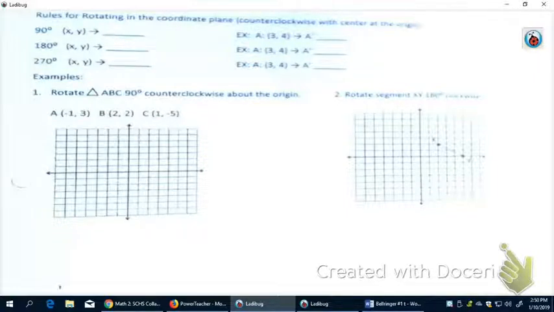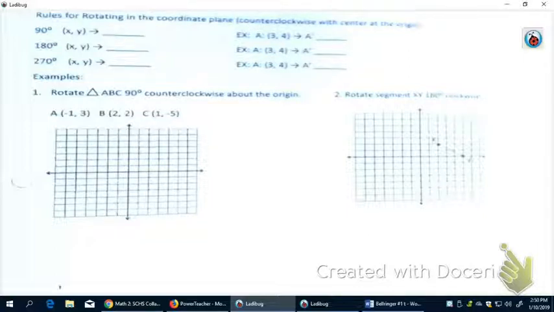And then whatever you get, draw it on the answer paper. Okay? So on my paper, I'm drawing negative 1, 3. I'm drawing 2, 2. And I'm drawing 1, negative 5. Okay. There's my picture. Okay, it tells me I'm going 90 degrees counterclockwise.